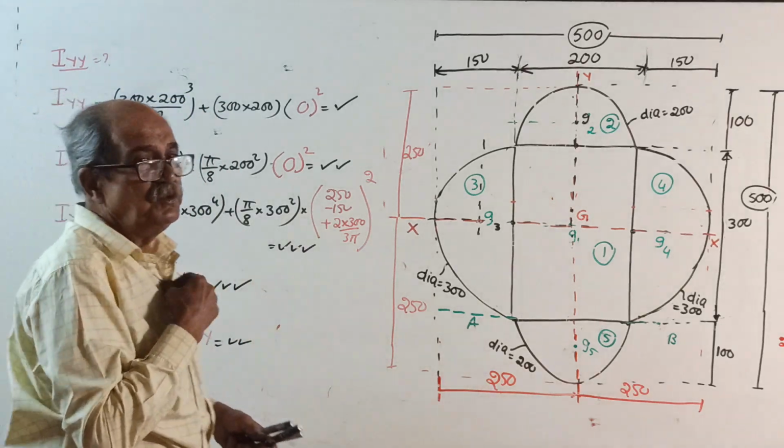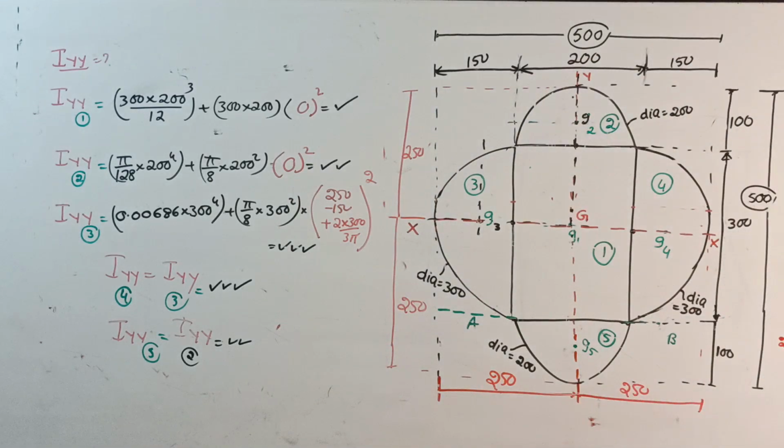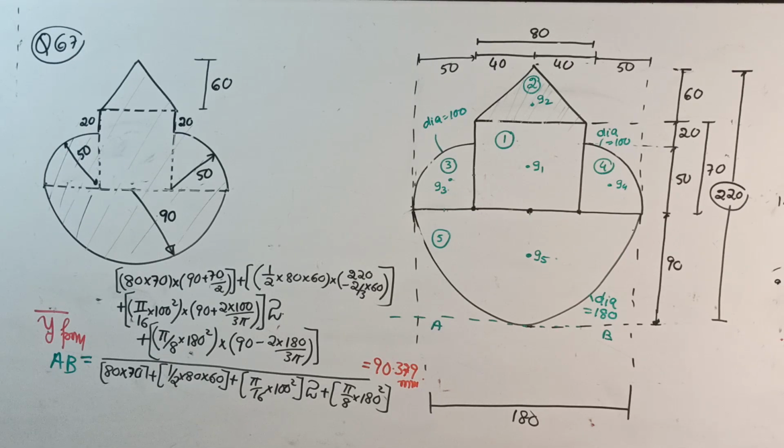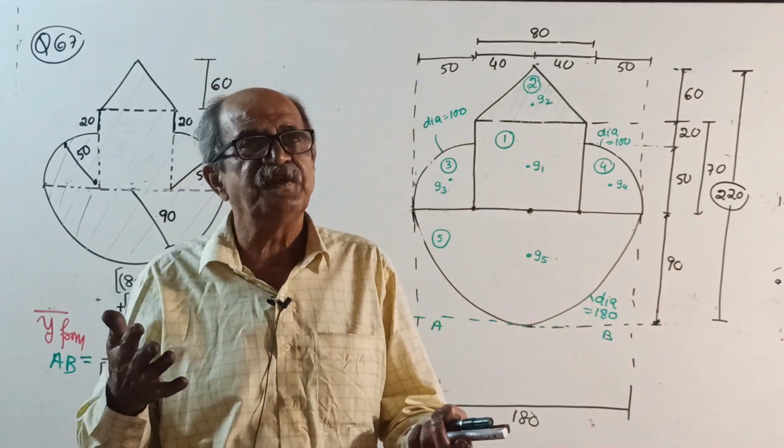Okay. Some new type. Now, question number 67. Some will tell, sir, why all this required?